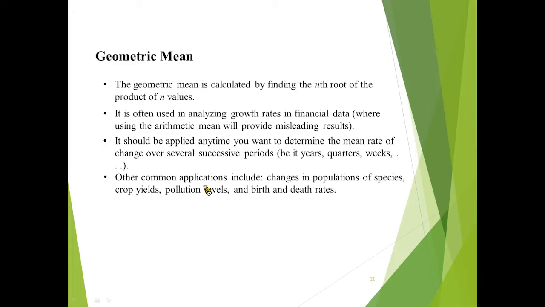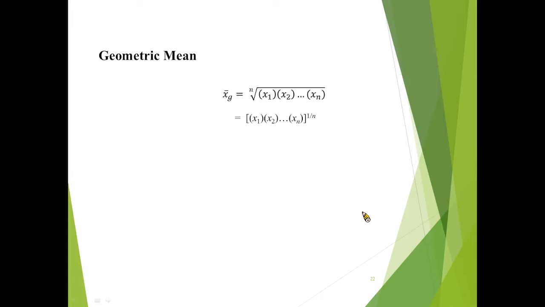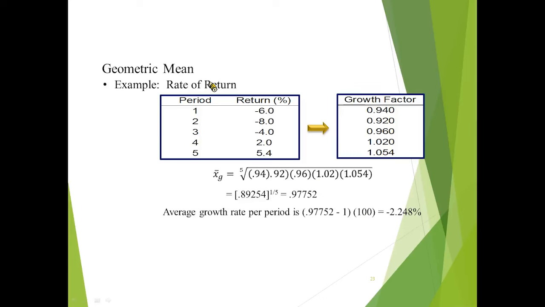Other common applications include changes in the population of species, crop yield, population levels, and birth and death rates. So this is the rate of return, and you can see the growth factors.